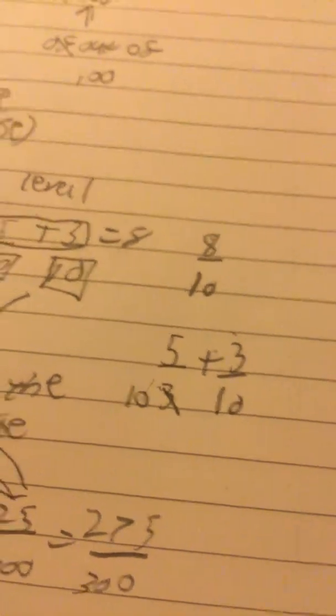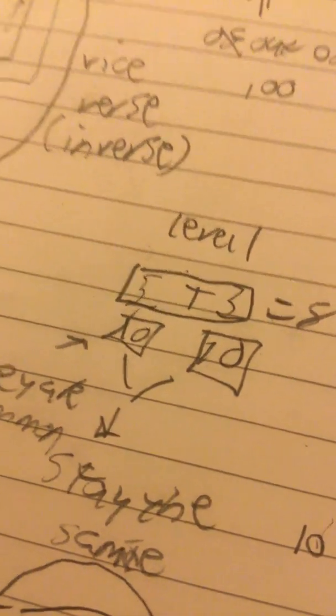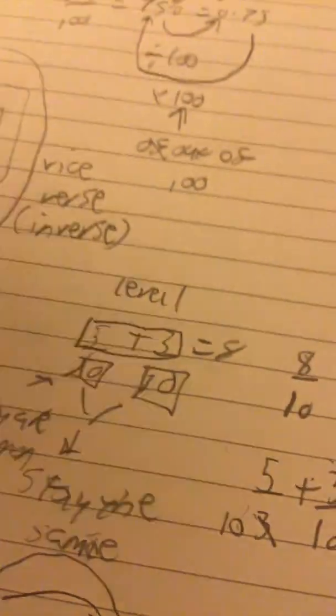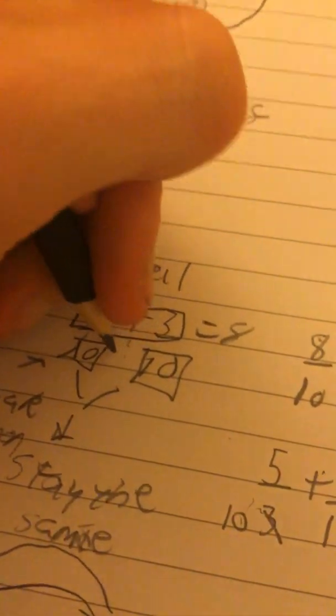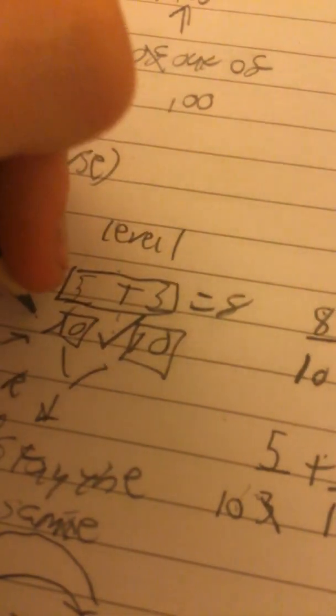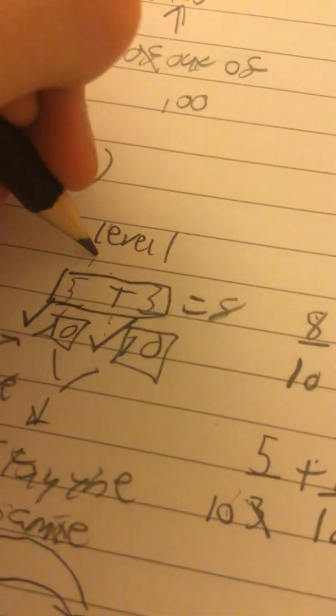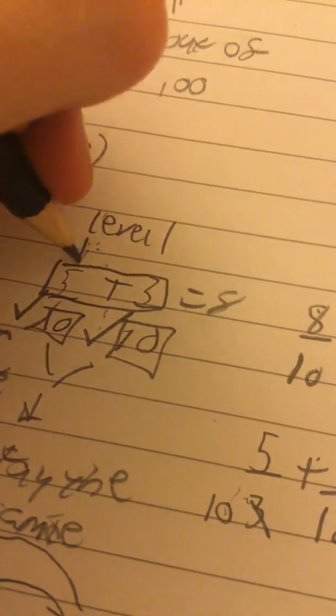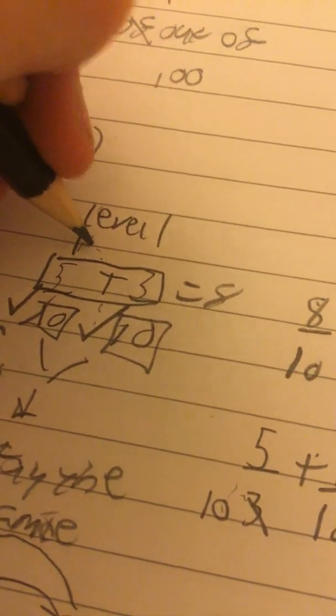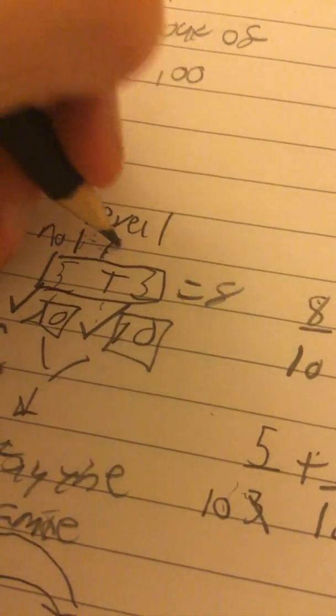Since the denominator is the same, we don't need to do anything. So these are complete. Of course, they are the same.